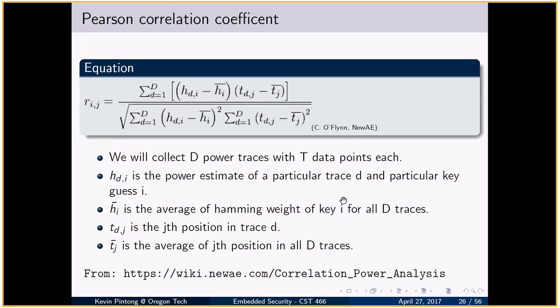T sub Dj is the jth position in trace D. T bar j is the average of the jth position in all D traces, so you take the average of that certain point.